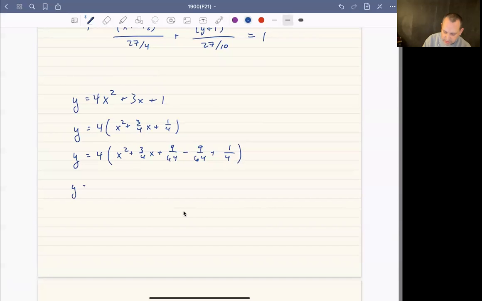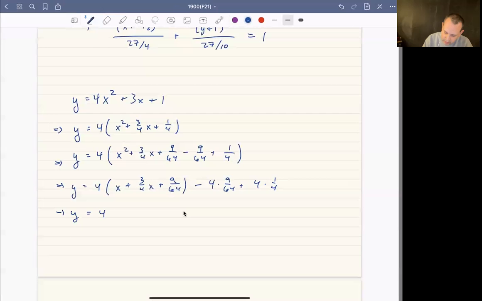So this tells us that y is 4 times x squared plus 3/4 x plus 9/64. And then we have minus 4 times 9/64 plus 4 times 1/4. So 4/64 is 1/16.